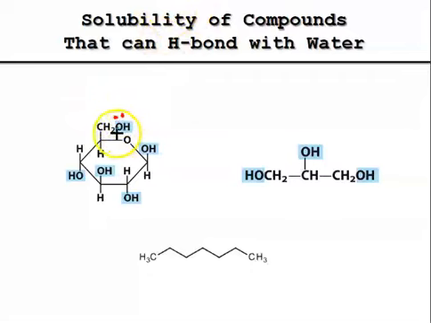So we have a non-bonding pair of electrons here and here on that oxygen in the ring. We have electron pairs here on this oxygen, right? And here, you get the picture, right? Wherever we have a non-bonding pair of electrons, we have the ability to form a hydrogen bond with water.